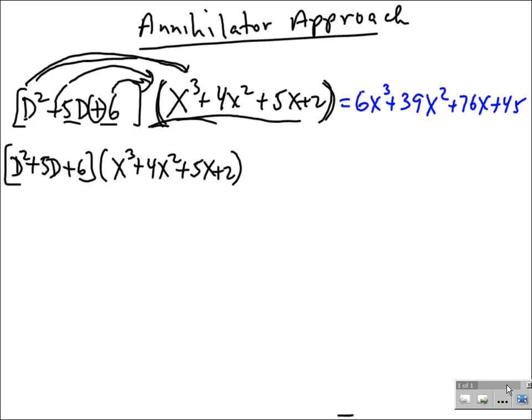But what we can do is, if we thought of D squared plus 5D plus 6, and I'm not going to prove or argue why this is valid, if we thought of it as a polynomial, then you can factor it as D plus 3 times D plus 2.